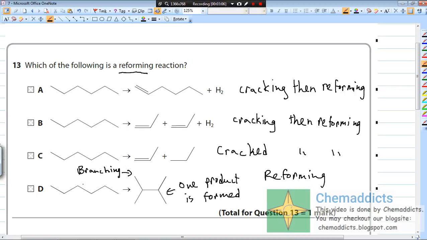This molecule is modified into this molecule. That is one point. The other point is that only one product is formed. So we are pretty sure that this reaction is reforming.